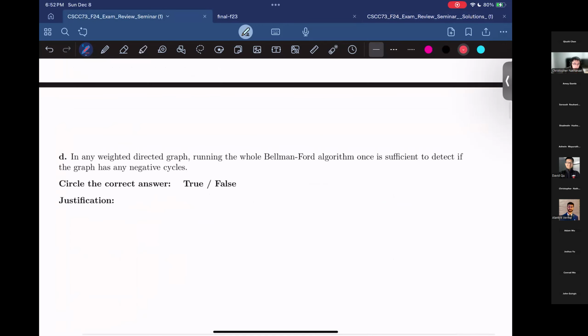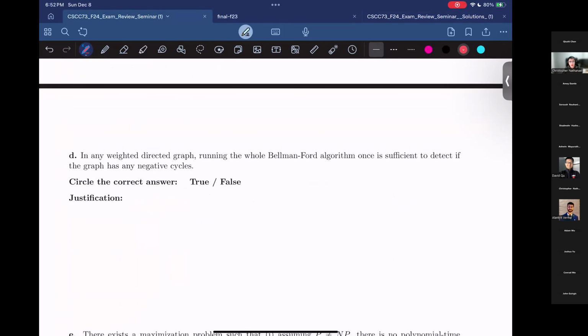Part D. In any weighted directed graph, running the whole Bellman-Ford algorithm once is sufficient to detect if the graph has any negative cycles. True or false? So once means that it performs the whole algorithm, not just one iteration.